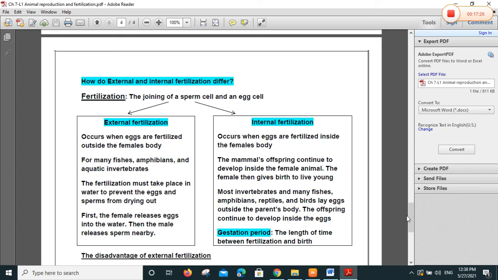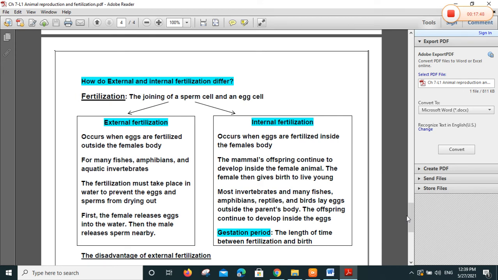But for birds, after fertilization, the female bird lays eggs and sits on them to keep them warm until the eggs hatch.